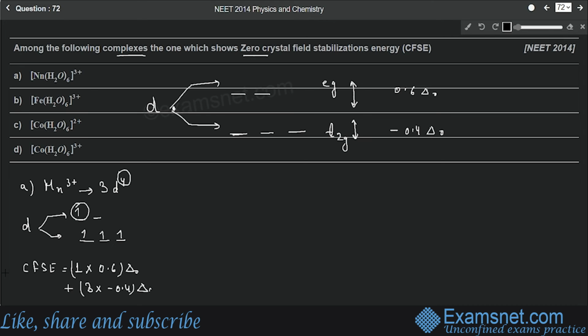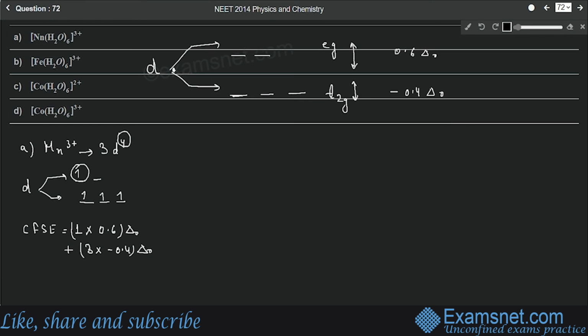Okay. So on finding the sum, we'll get 0.6 delta naught minus 1.2 delta naught, that will come out to be minus 0.6 delta naught. Okay, so here the value is not equal to 0. The question is asking which one has the value 0. So this is not equal to 0.